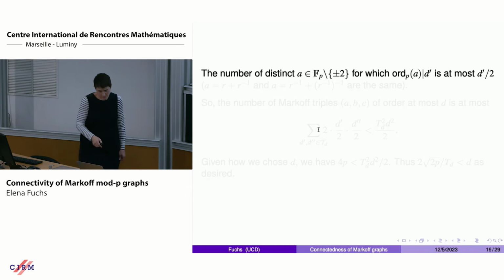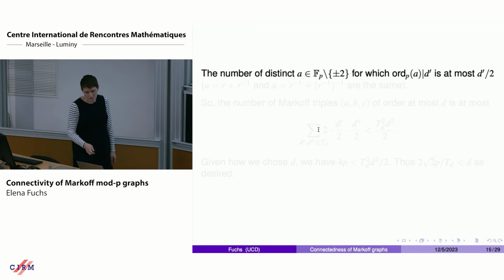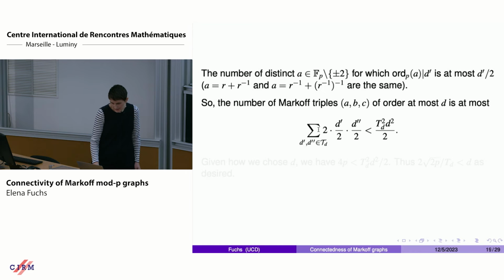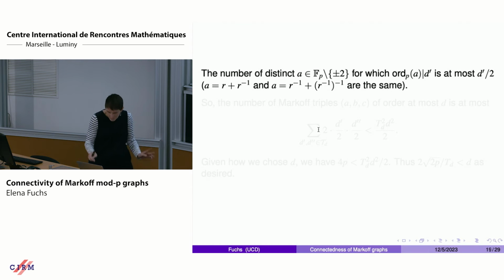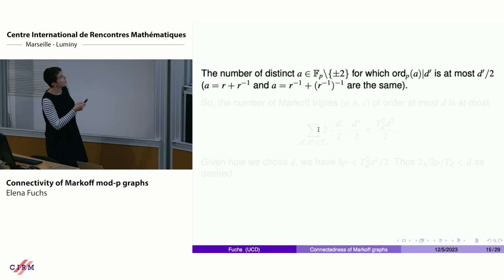That involves the following thing. If you look at the number of distinct A in F_P, excluding plus or minus 2, for which this order is at most D prime over 2, it divides D, that's at most D prime over 2. The reason is that there are D possible R's that you can put in here, and these two things are the same, so you divide by 2.